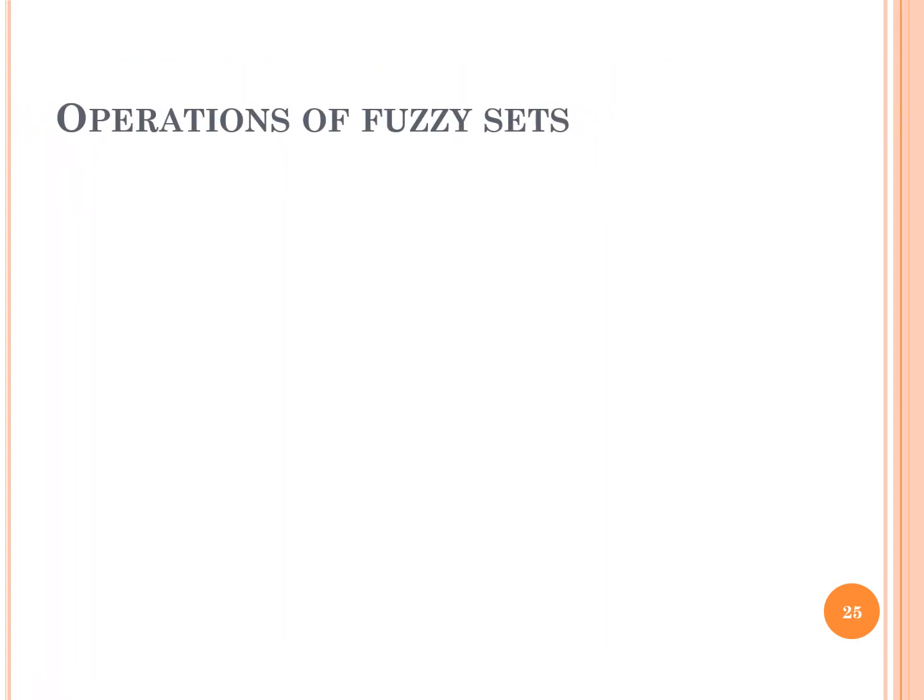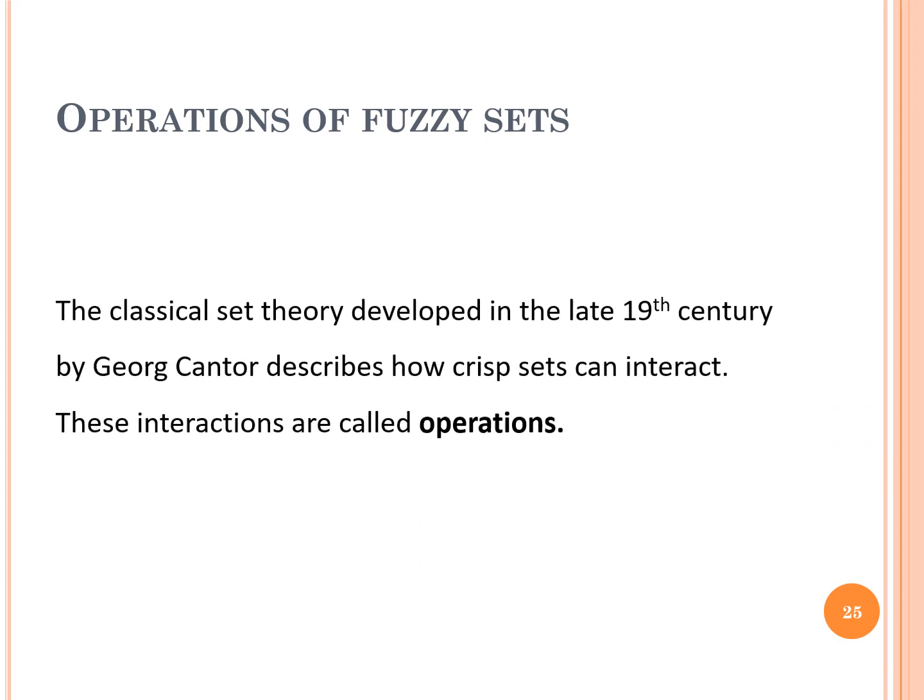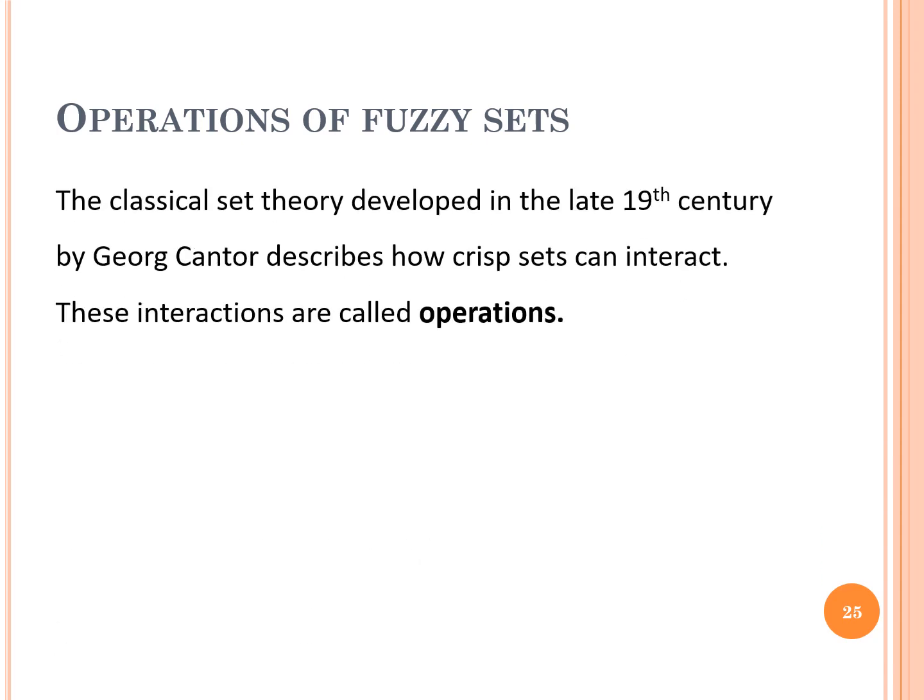Okay, now we look at the operation of fuzzy set. The classical set theory, developed in the late 19th century by George Cantor, described how crisp sets can interact. These interactions are called operations.